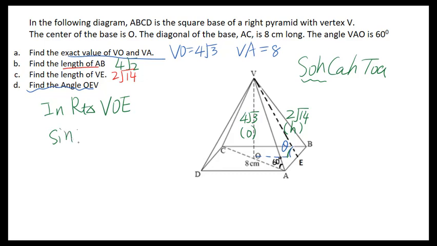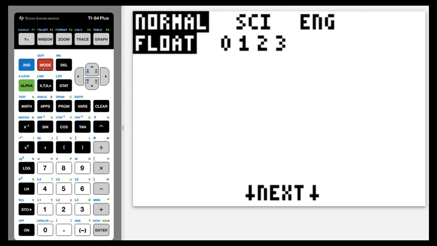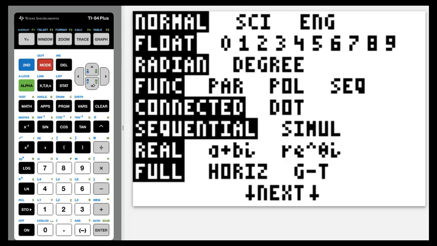Sine theta equals opposite over hypotenuse, that's 4 square root of 3 over 2 square root of 14. Then we can get theta equals inverse sine of, you don't have to simplify, just leave it as it is, 4 square root of 3 over 2 square root of 14. Make sure the mode is degree, because we're looking for degrees.